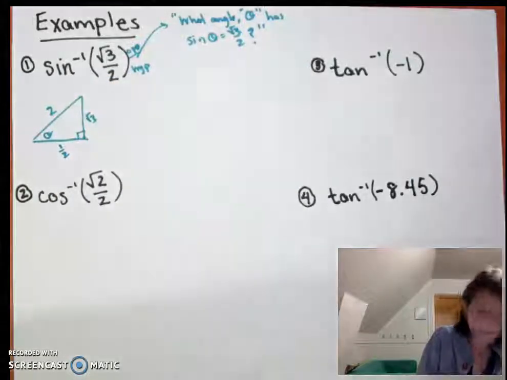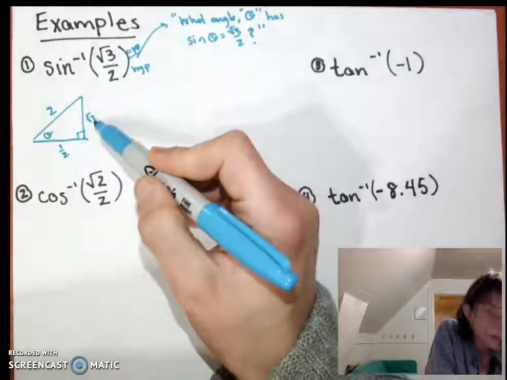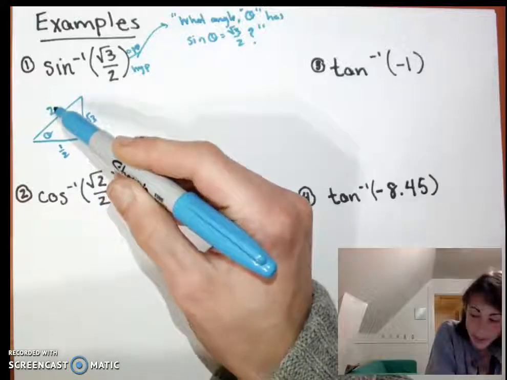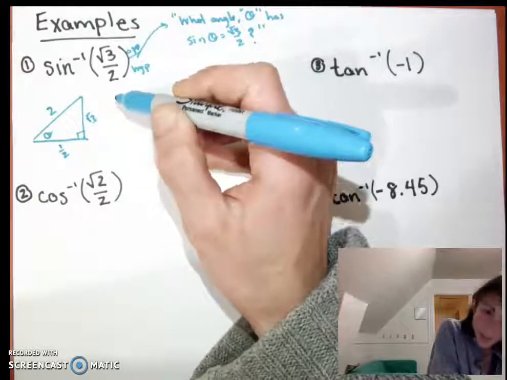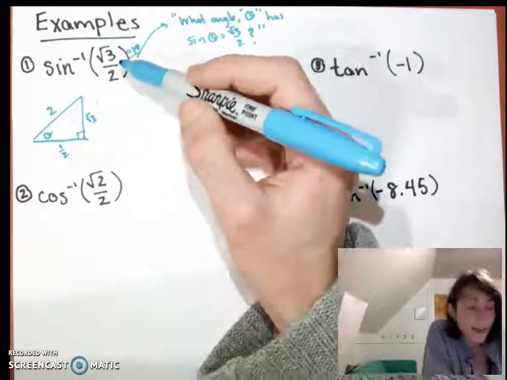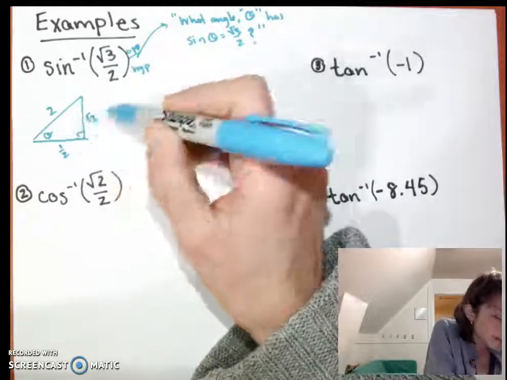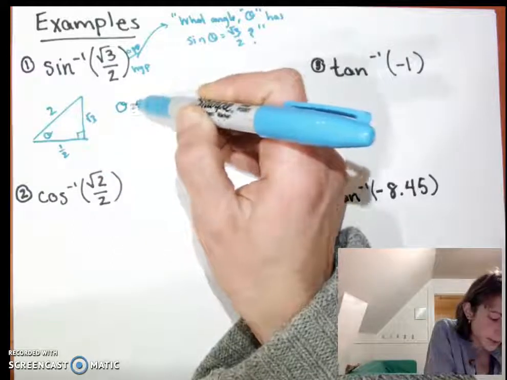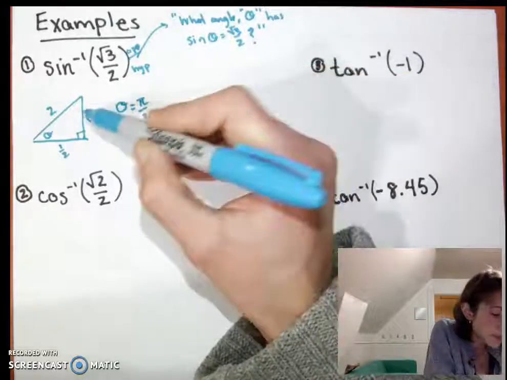That side would be a half, but it's irrelevant. What is this angle if opposite it is root 3 over 2 and the hypotenuse is 2? Which special triangle is this? It is our 30-60-90 triangle, and the side opposite theta is root 3, the larger of the two, so this is pi over 3, or 60 degrees.